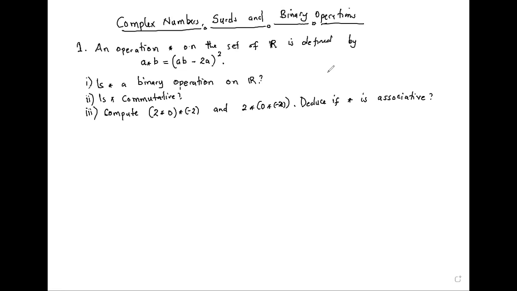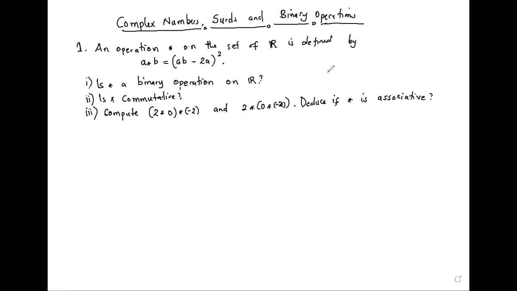So we have these three questions attached to that operation there. The first one is, are we able to check if star is a binary operation on R? If not, we need to stop. Secondly, is it commutative?